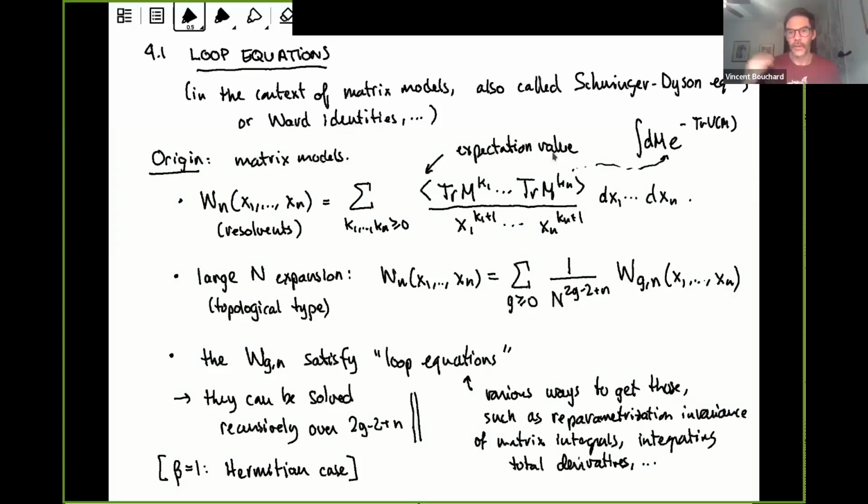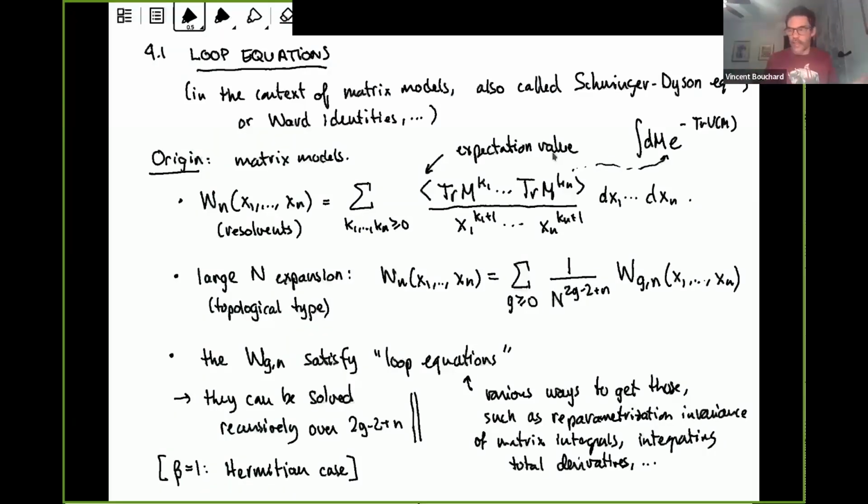This is your path integral, which is now an integral over the space of matrices. In any case, these are not lectures on matrix models, so I won't have time to explain more. But as I said, if you're interested, there's also a beautiful book by Bertrand Eynard that talks about matrix models in lots of different ways. And there's been a lot of work on matrix models, so there are many good resources out there.